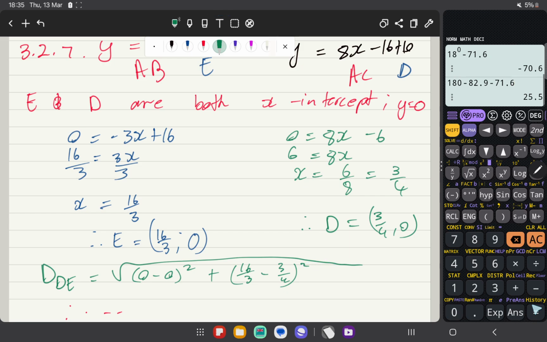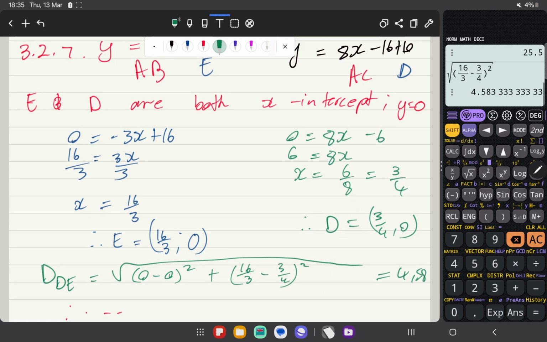I put that in a calculator: 16 over 3 minus 3 over 4, then square the whole thing. I'm getting 4.58.